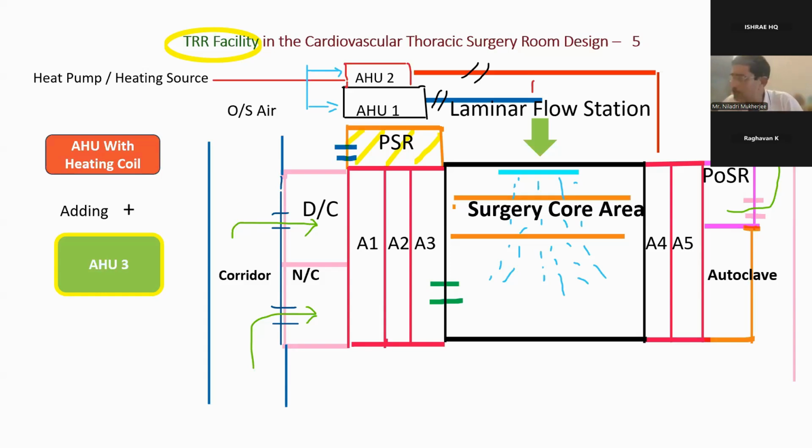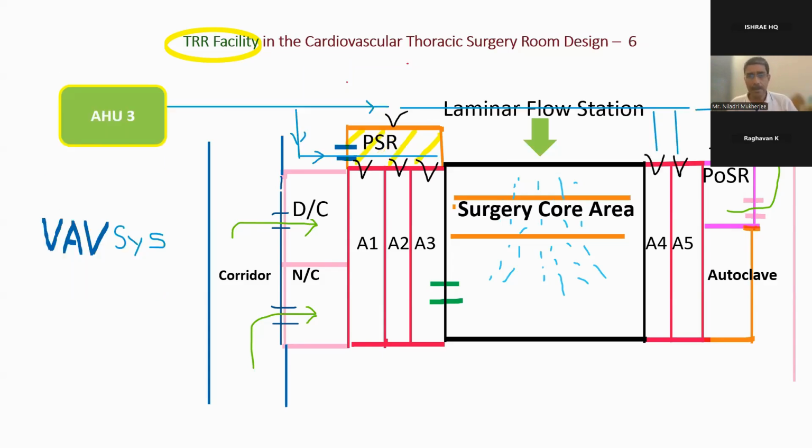This heating coil either uses a heating coil or works through a heat pump. The third one is HU3. HU3 is supplying two areas: the pre-surgery room and the post-surgery room. I cannot show all these. HU3 is made to support the PSR, the pre-surgery room and post-surgery room.